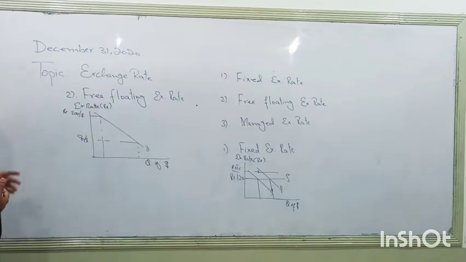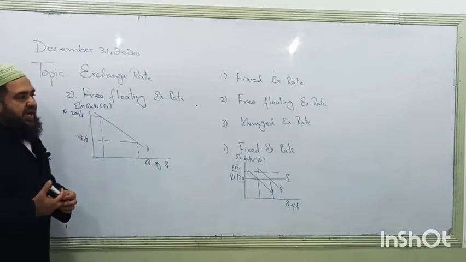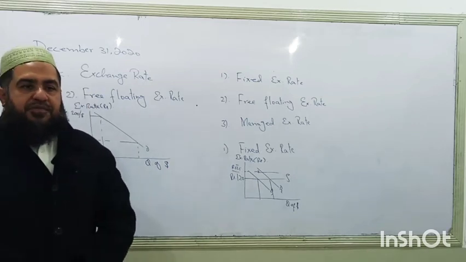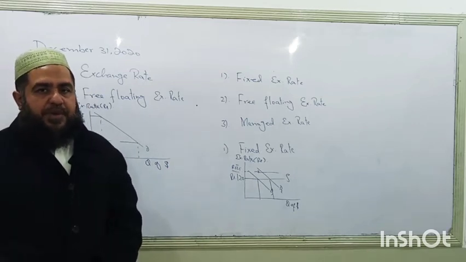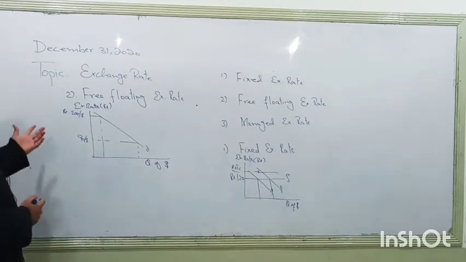Therefore, the price of dollar in terms of rupees has a negative relationship with its demand. So demand for dollars is downward sloping. As the exchange rate goes down, there will be more demand for dollars, and as the price goes up, there will be less demand for dollars in the international market.